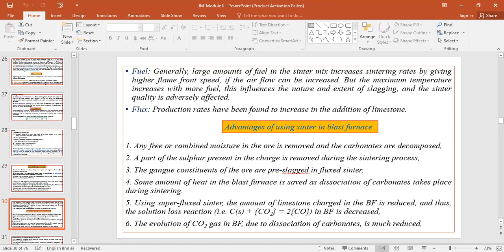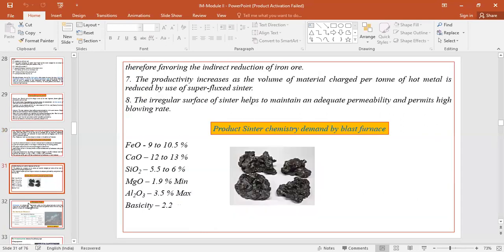So we can reduce the solution loss reaction, and carbon loss can be reduced. The evolution of CO2 gas in the blast furnace due to dissociation of carbonates is much reduced. Therefore, this will favor the indirect reduction of iron ore.